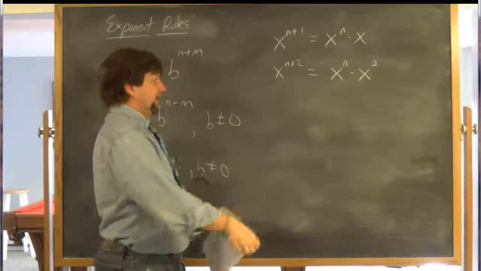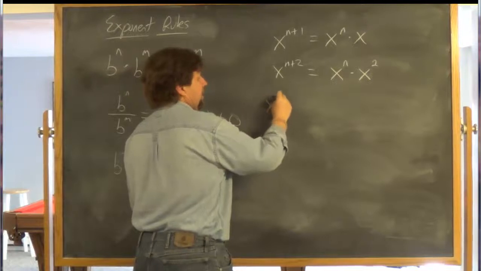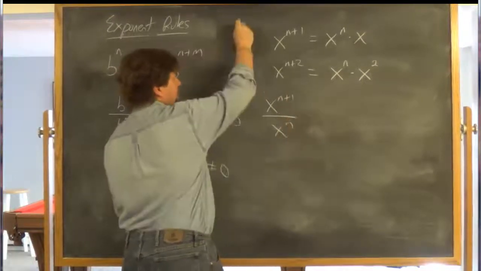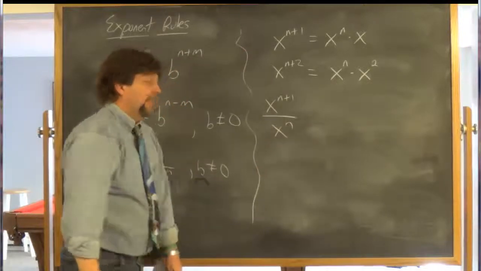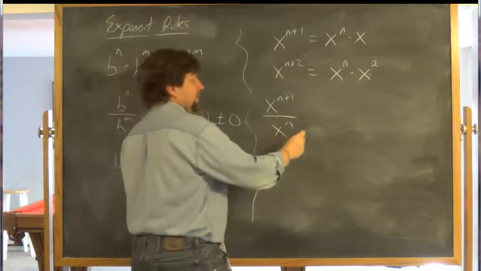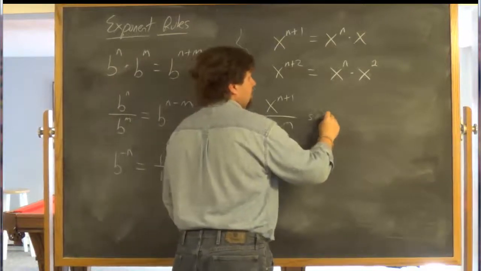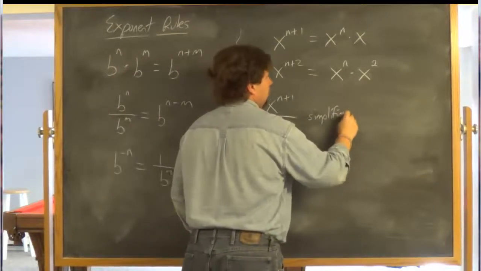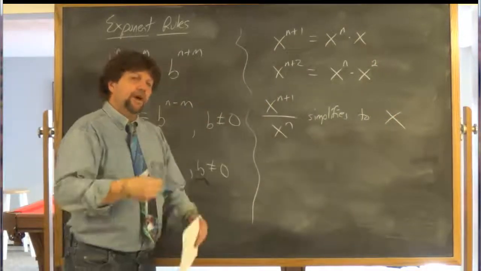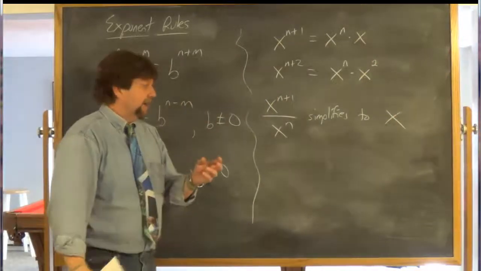So when you see this, x to the n plus 1 over x to the n, I want you to be able to see that that simplifies to simply x. And there are two ways you could go about seeing how that simplifies to x.